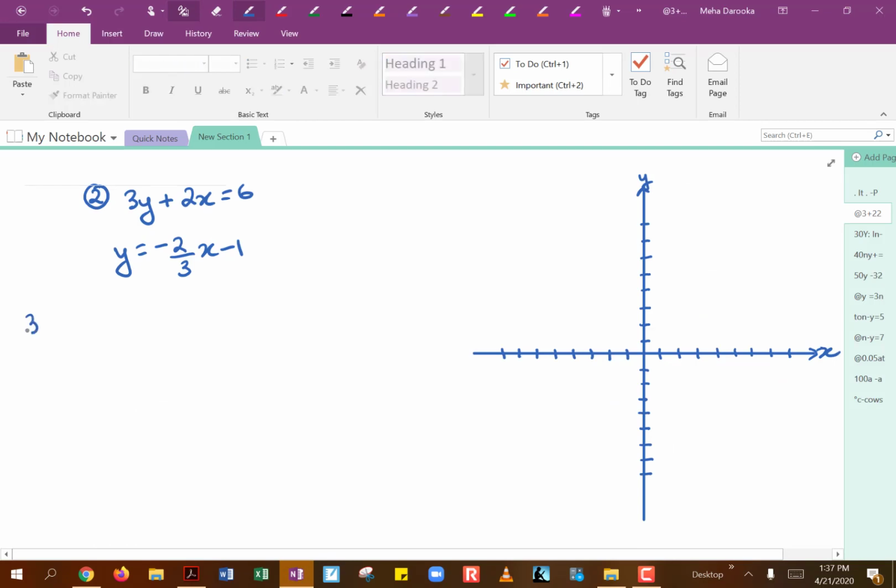So I am actually going to take my first equation and get y by itself. So put it in the y equals mx plus b form.